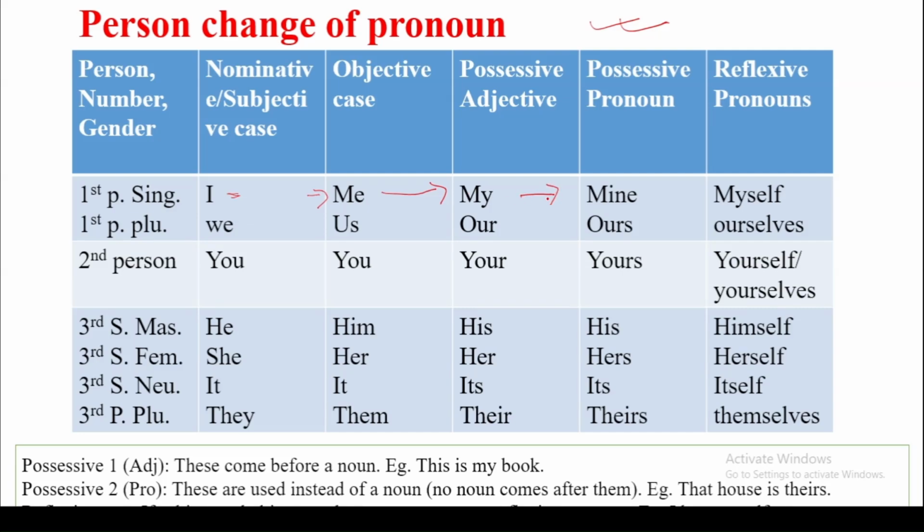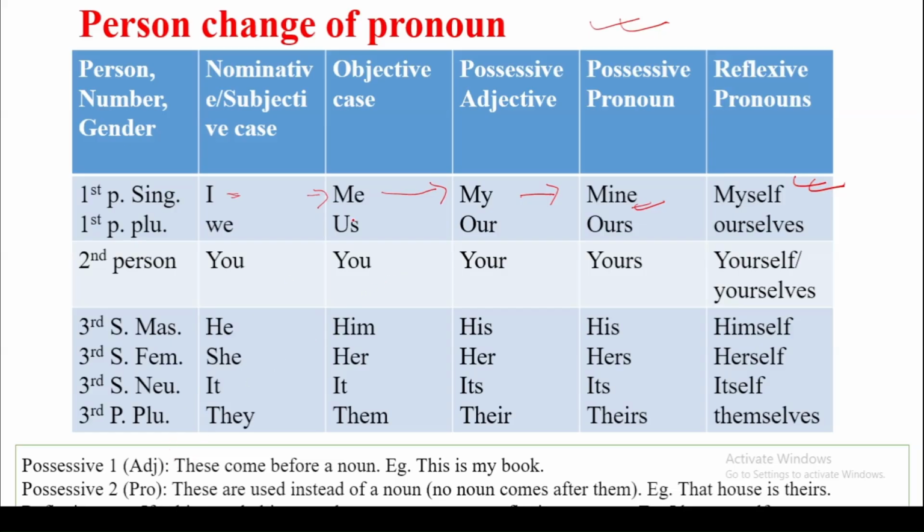If we have to change I into possessive pronoun, we write mine. If we have to change I into reflexive pronoun, we write myself. So this is the table of change of pronouns in different cases. So I recommend you to remember this table.